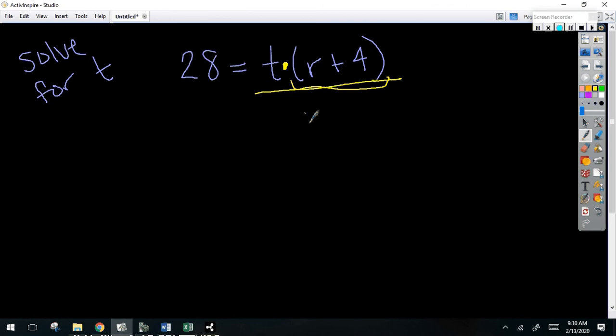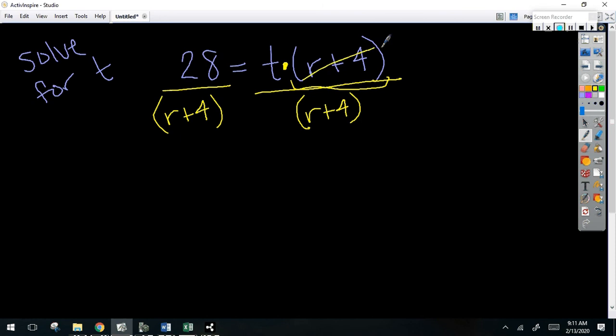Could I do this? Is that legal? Sure it is. I can divide by whatever I want to. I need to make sure I keep it chunked together in that parentheses though.